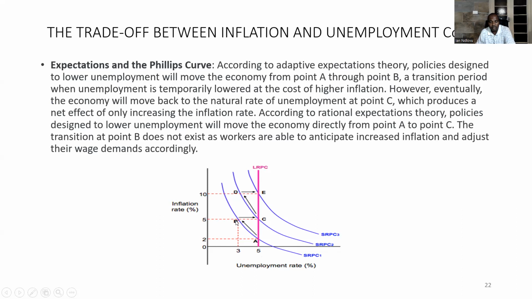As we move from point A to point B, the unemployment rate decreases from 5% to 3%. But look, your inflation rate increases from 2% to 5%. So it means a 2% decline in unemployment is purchased at the opportunity cost of a 3% increase in the inflation rate in the short run.